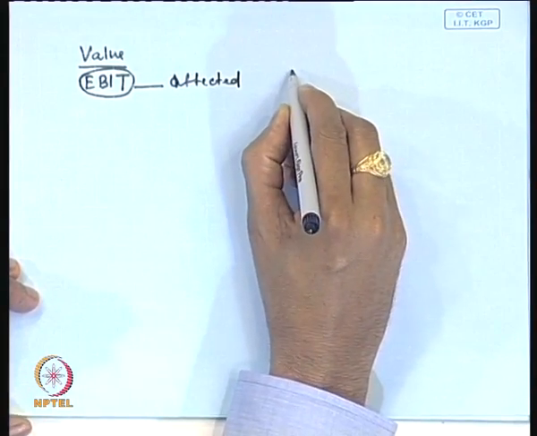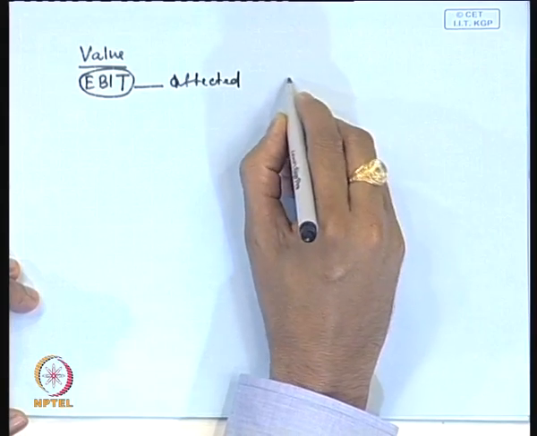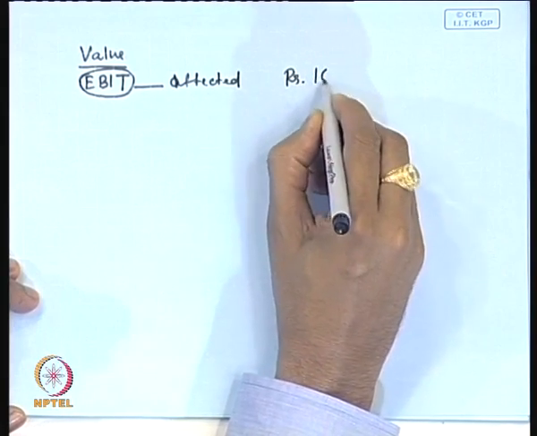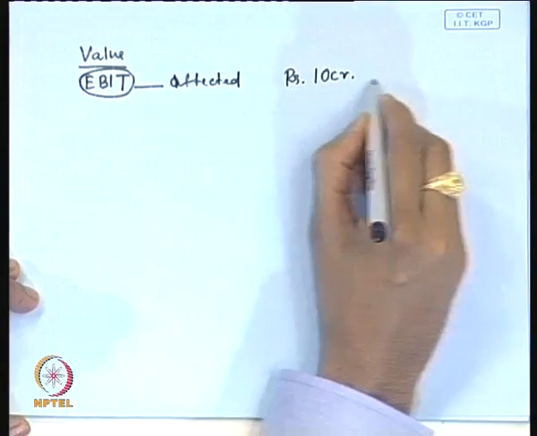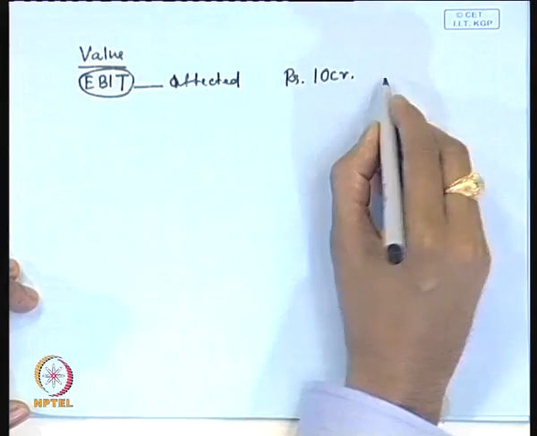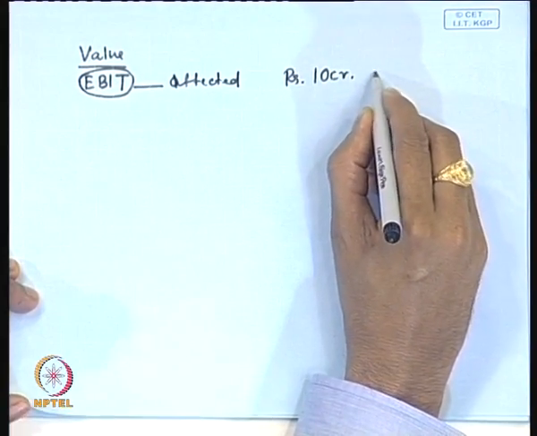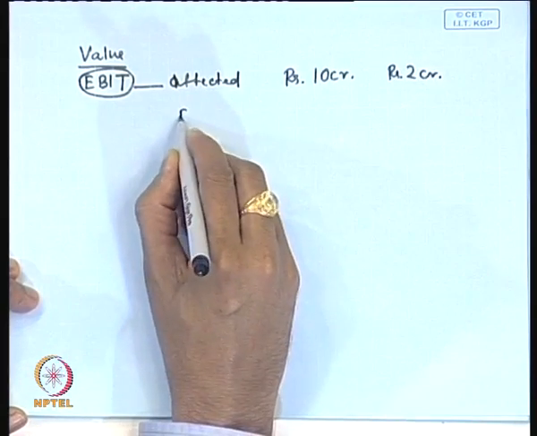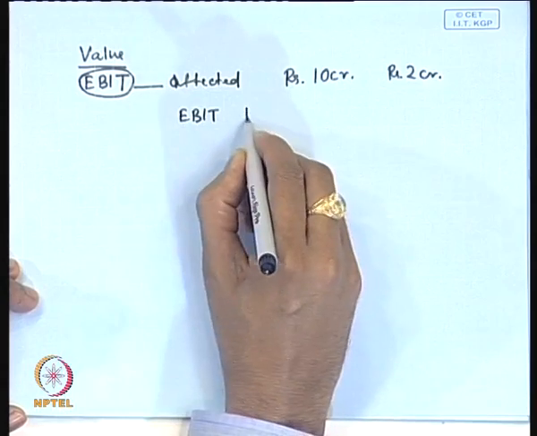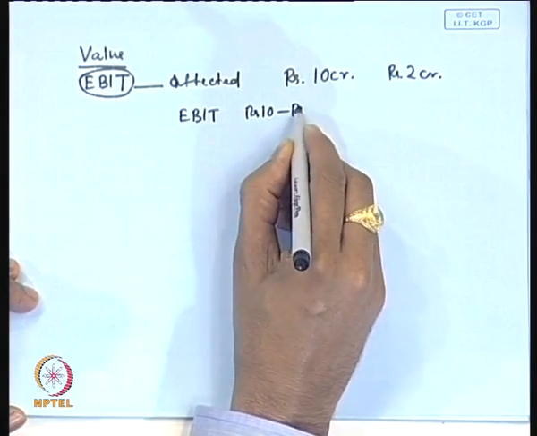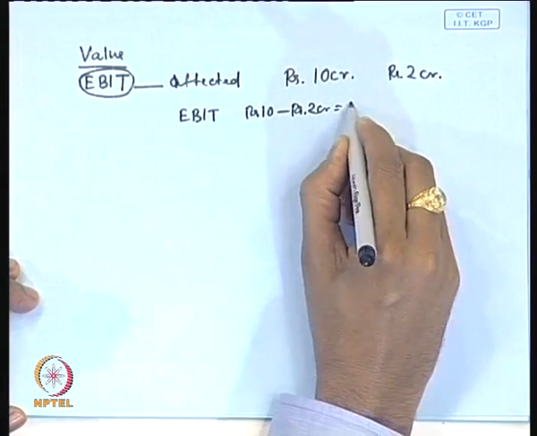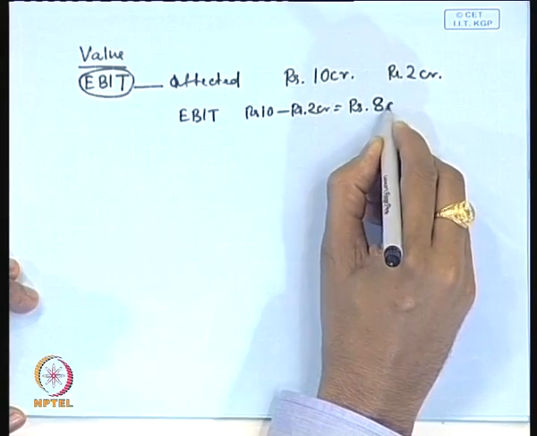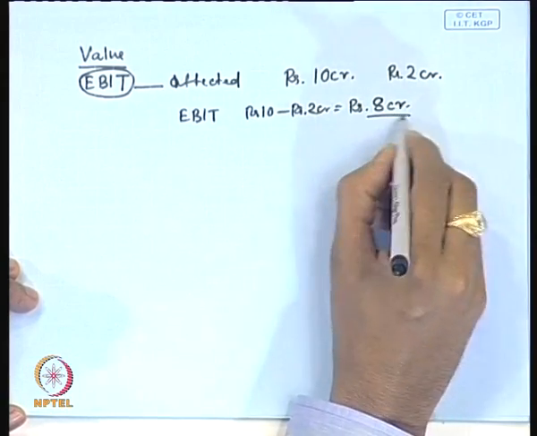Let us say the earnings before interest and tax of a particular company is rupees 10 crore, and there is an extraordinary item before EBIT was taken, which is an income in nature, of rupees 2 crore. In that case, the EBIT should be adjusted back to rupees 10 crore minus rupees 2 crore for that target company or for the comparable company.